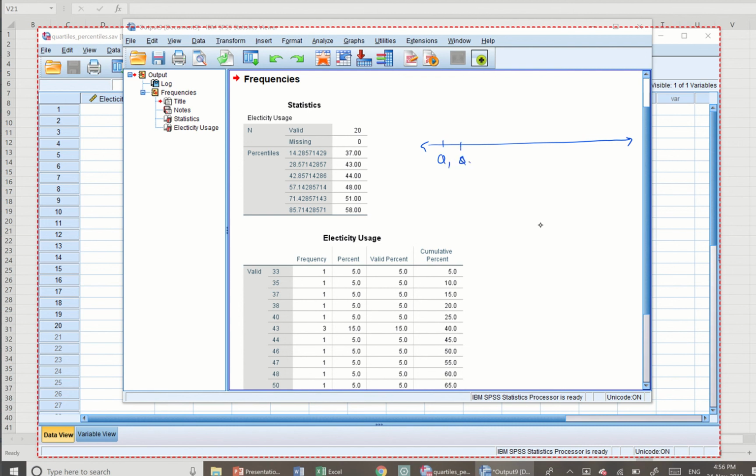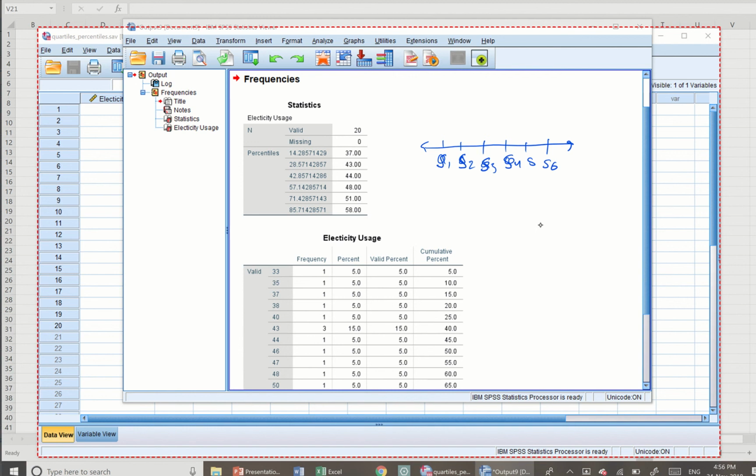If you want to call them septiles, then S1, S2, S3, S4, S5, S6. So let's assume that this value is like this, right?